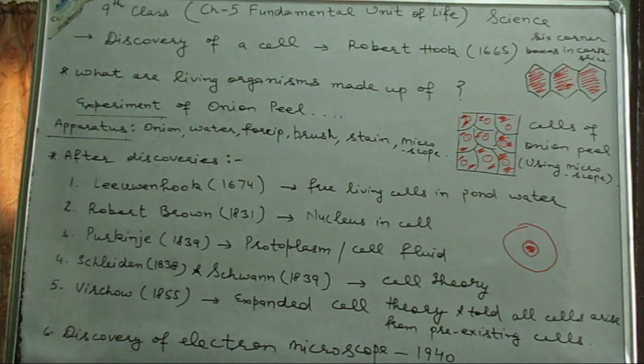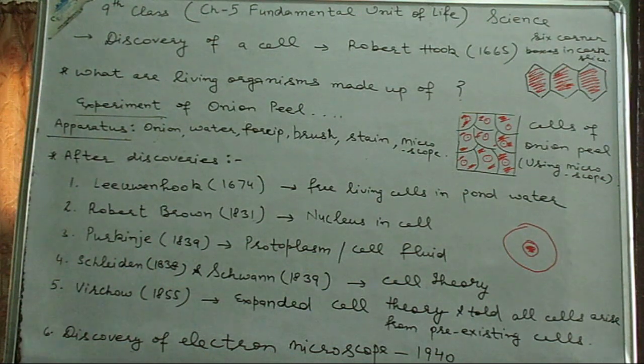They proposed the cell theory with more description of the cell structure. These two biologists said that all plants and animals are made up of cells. So they concluded that the cell is the basic unit of life.